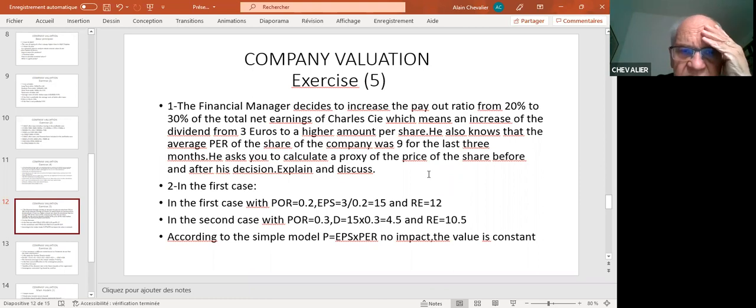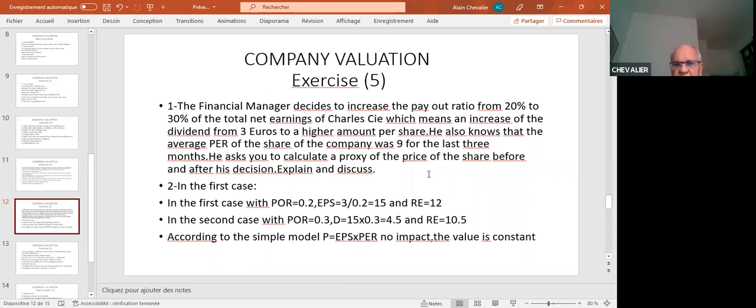It means if you have a 20% payout ratio, which is the first case, you get a dividend equal to 3. Second case, you get a dividend equal to 4.5.